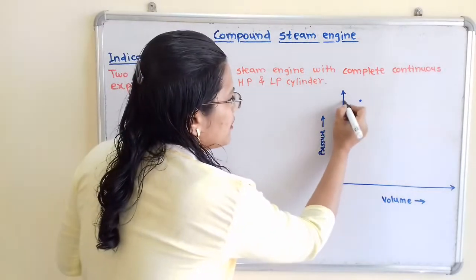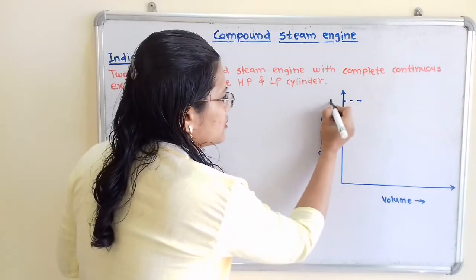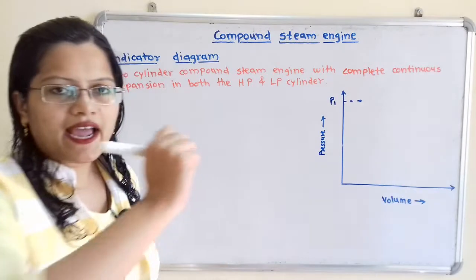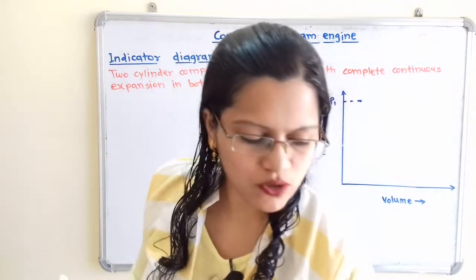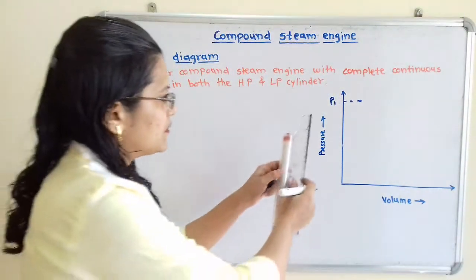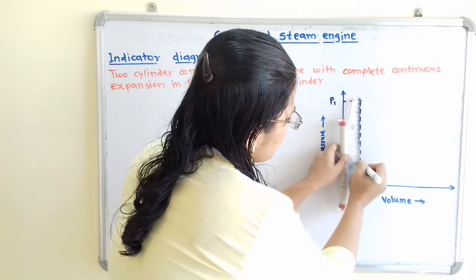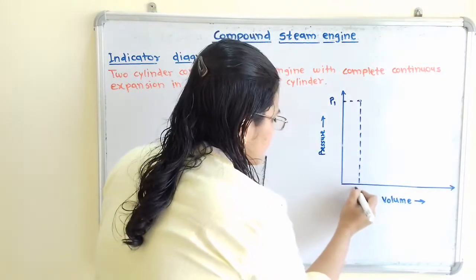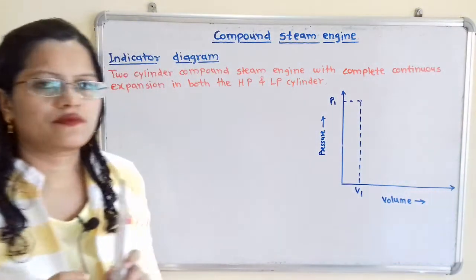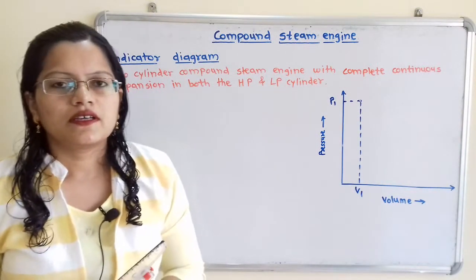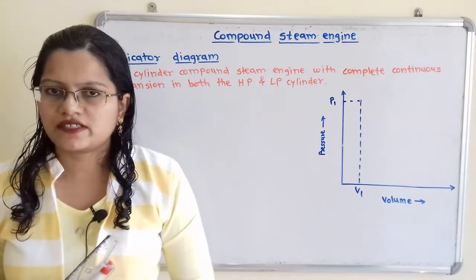I will show with the help of a dot the pressure P1, and in the same way we will show the volume V1. Now we will move to the next process.